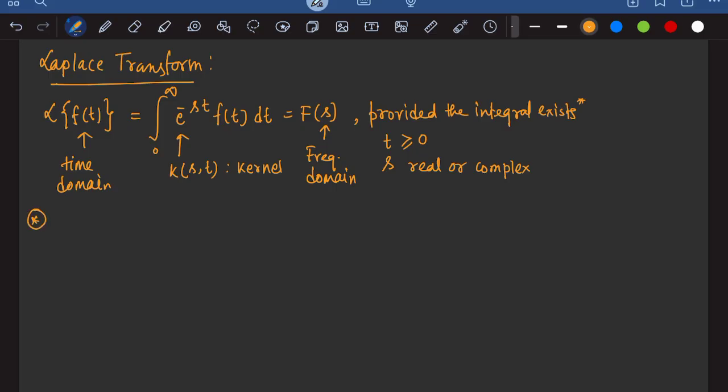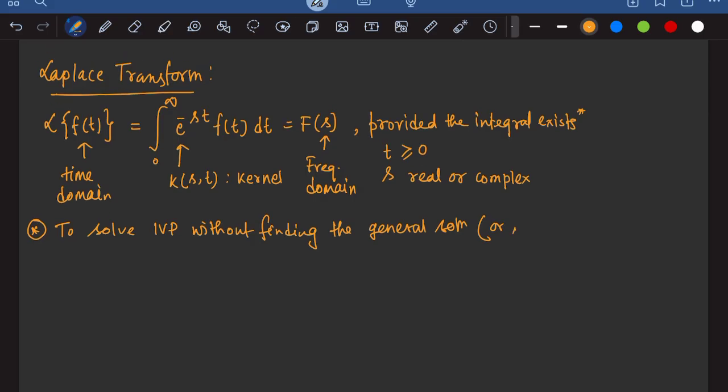The first advantage is to solve an initial value problem without finding the general solution, or in other words, without solving the corresponding homogeneous equation.